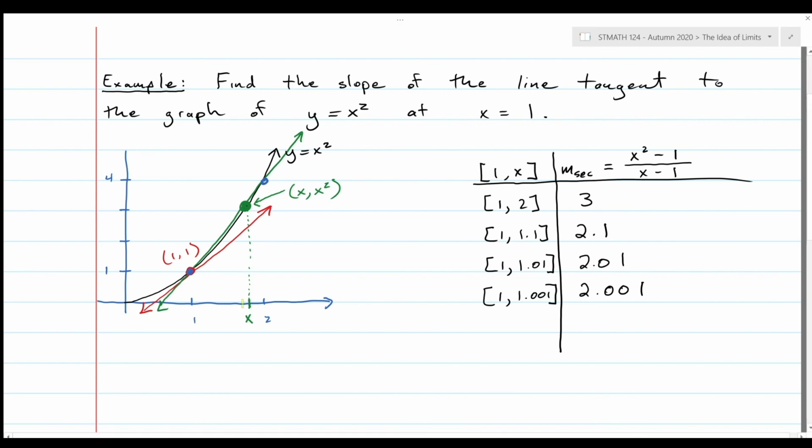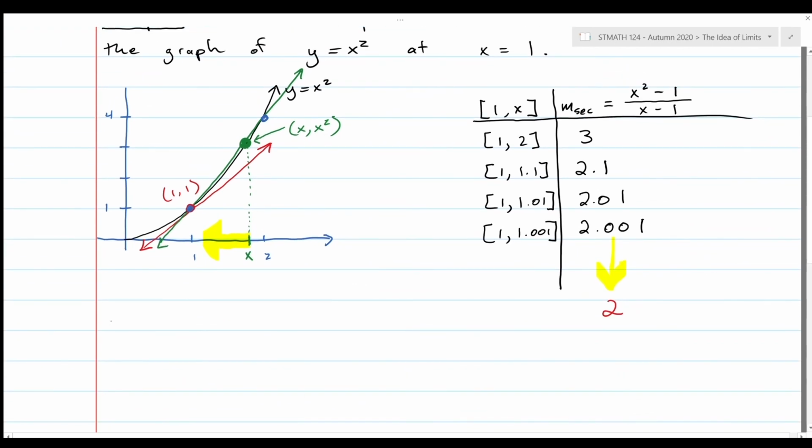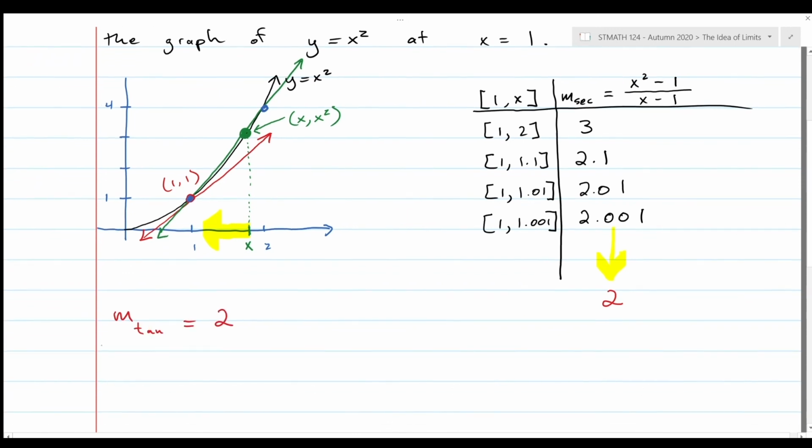As the x here gets closer and closer to 1, what's happening to values in the right side of the table? Looks like to me they're getting close to 2. And it turns out that's exactly what the slope of the tangent line is. So the m tan is going to be 2 based on the work that we did in the table over there.